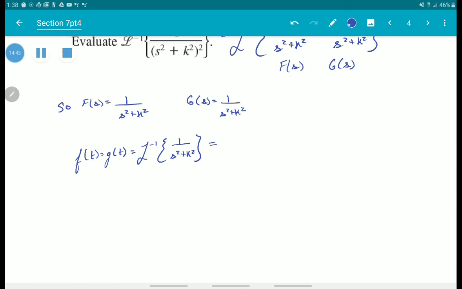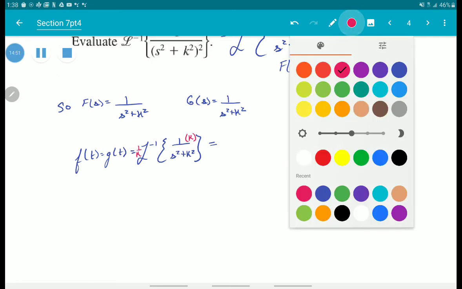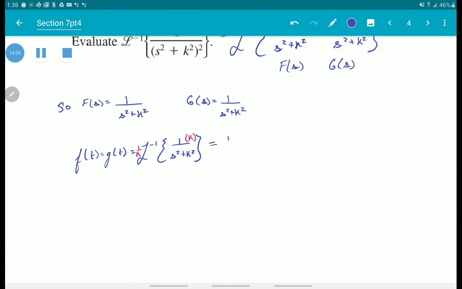And that, using our formula sheet, looks like our sine, but we're missing the k here. We can compensate with a 1 over k out here. So then we're going to have 1 over k times the sine of kt. So there's our f of t, and that's also going to be your g of t.